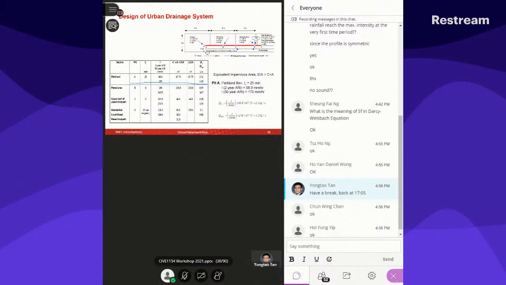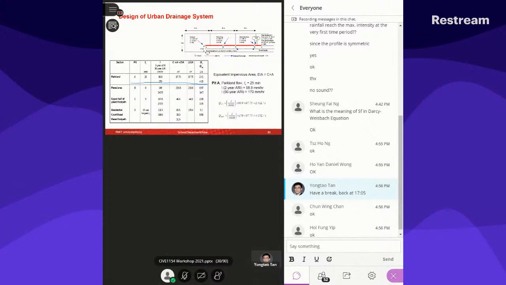Then take the sum of EIA, because for example pit D includes 3 subcatchments flowing to it, so we need to take the sum of each EIA. By using the rational method, you can get the peak flow for 2-year ARI and also for 50-year ARI.